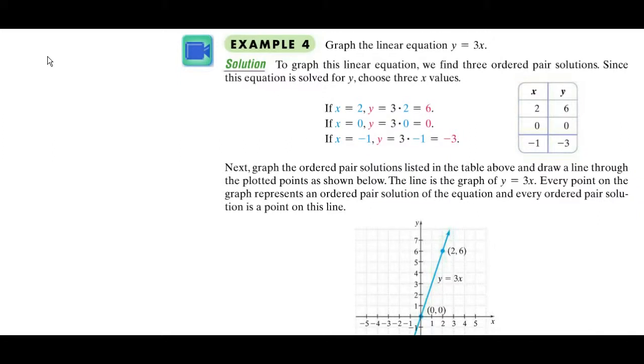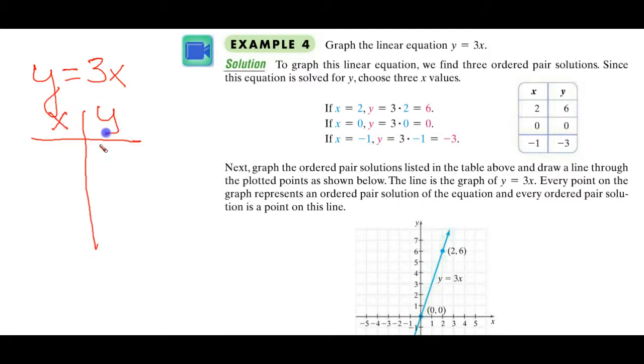Now, this is sort of a special case here, where we have the equation y equals 3x. Now, if you use the x and y intercept T-chart, you'd find that all of these are 0.